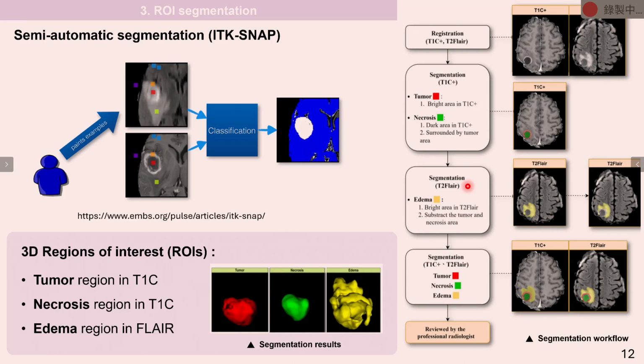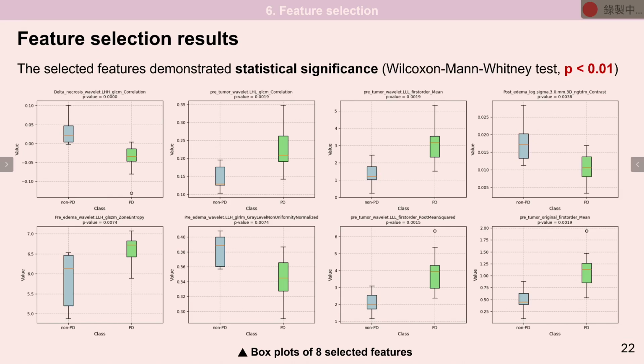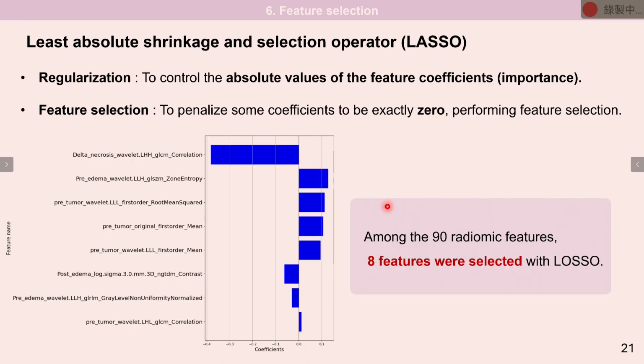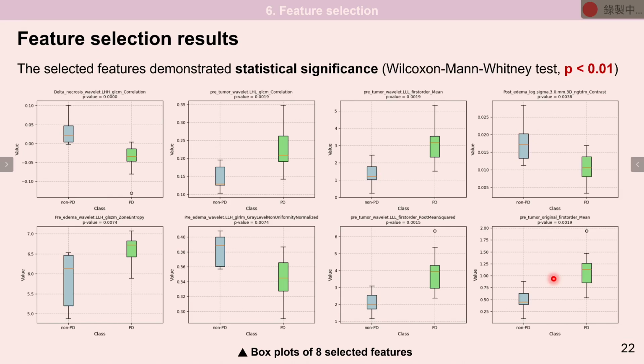Page 22. I want to ask what information you want to show on this chart? I want to show the 8 features selected by Lasso have statistical difference in the 2 classes.